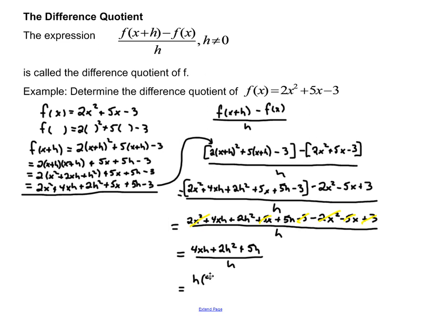So we're left with h times 4x plus 2h plus 5, all divided by h. Now, provided that h is not equal to 0, this expression becomes 4x plus 2h plus 5. Again, provided that h is not equal to 0.